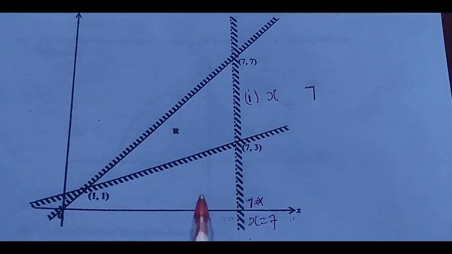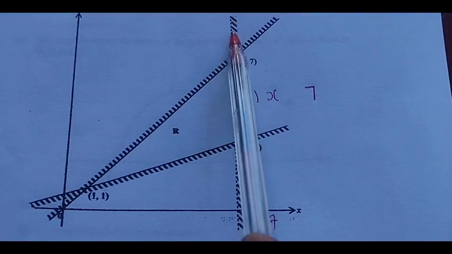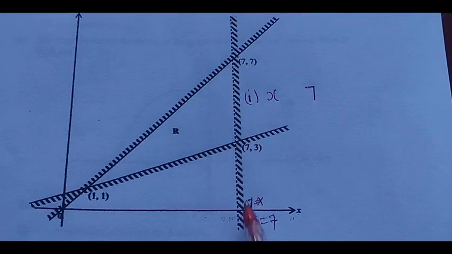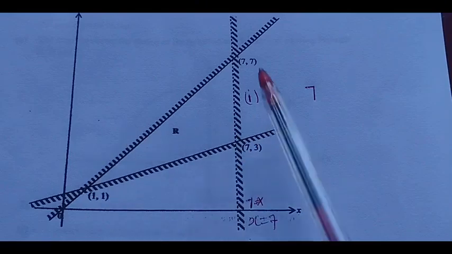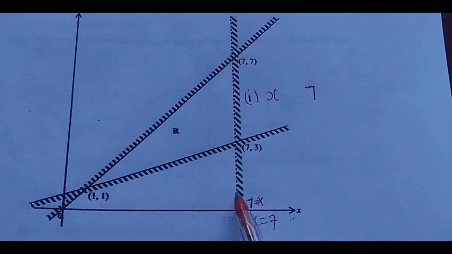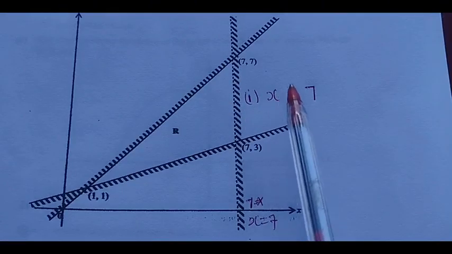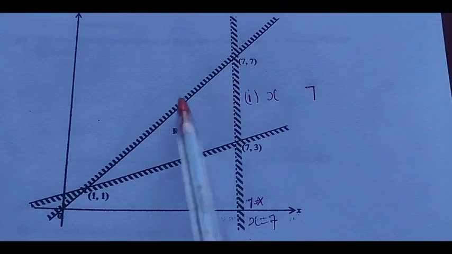We want to define the unshaded region. Look at this type of line. It's a dotted line. So this inequality is going to be either less than or greater than. It's not going to be equal to, because the line is dotted.